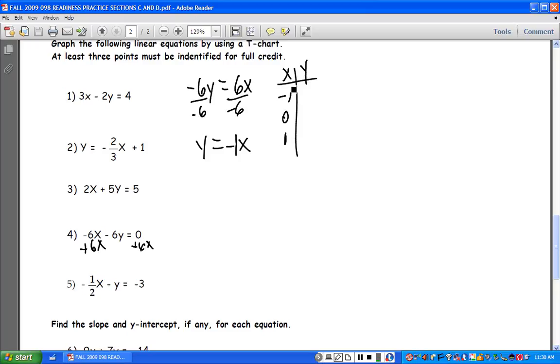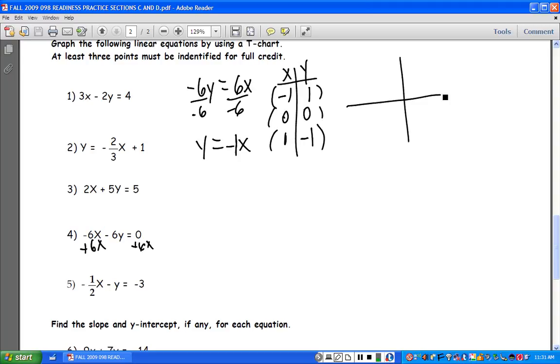Okay? So if x is -1, -1 times -1 is +1. If x is 0, 0 times anything is 0. And if x is +1, +1 times a -1 is a -1, 1 being our greatest absolute value out of our 3 points.